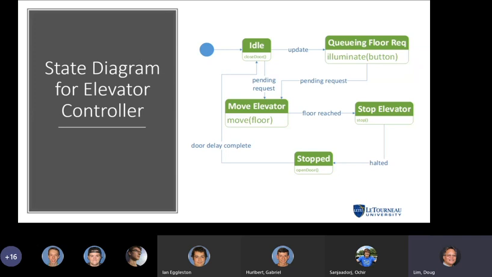We have various states that the elevator controller is in: idle, moving the elevator, stopping the elevator, stopped, and queuing floor requests as being a state, which is triggered from idle going to the update method going in here.